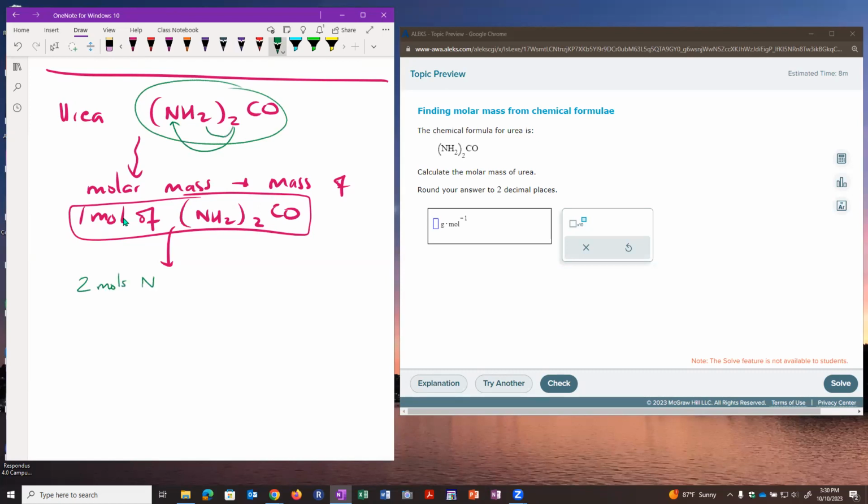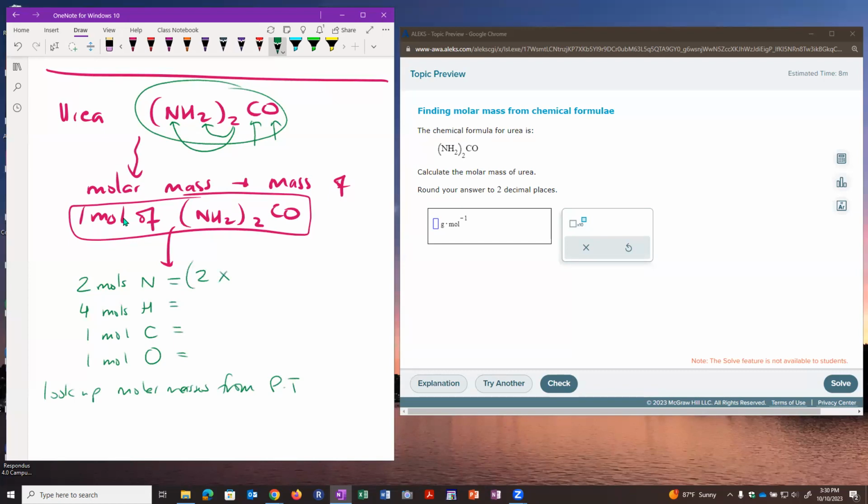I have 2 times 2, which is 4 moles of H. I have 1 mole of carbon, and I have 1 mole of oxygen. And this is all for 1 mole of urea. So all I need to do then is to look up these individual molar masses from the periodic table and then insert them into my calculation.